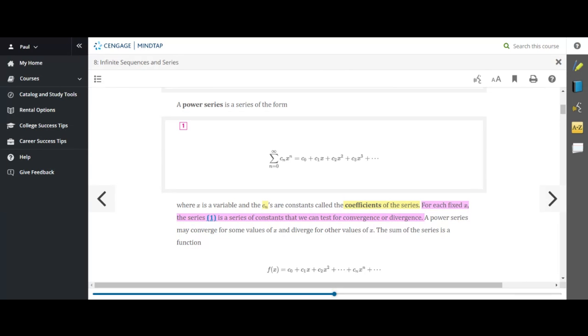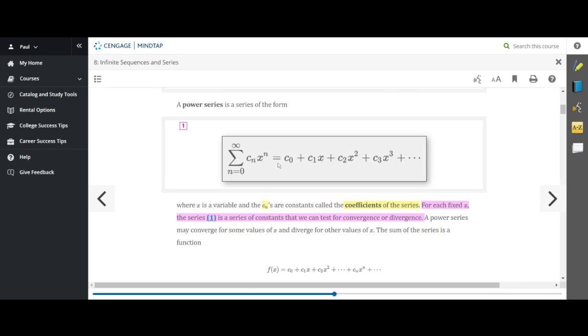It's an absolutely amazing idea that we can take a function and express it as a power series of the form that you see here. But the function will only be equivalent to its power series over what's called an interval of convergence. So it's not necessarily the case that the function will equal its power series for all values of x, for instance.